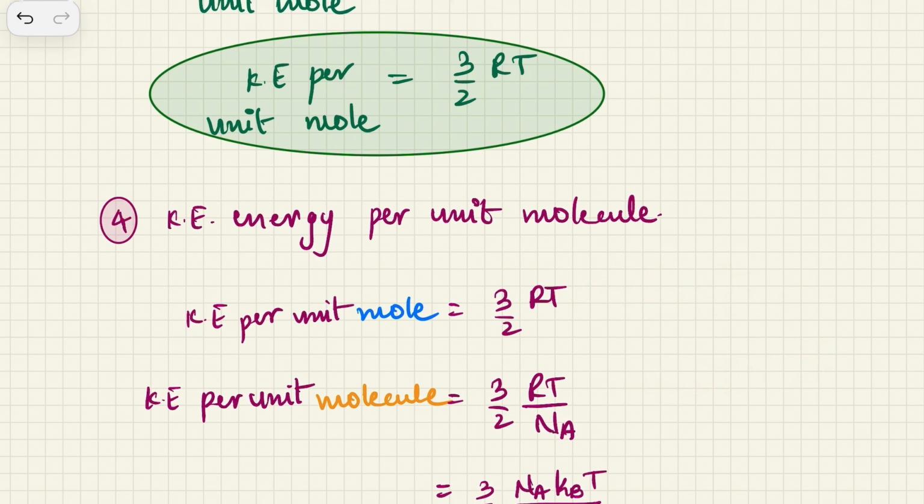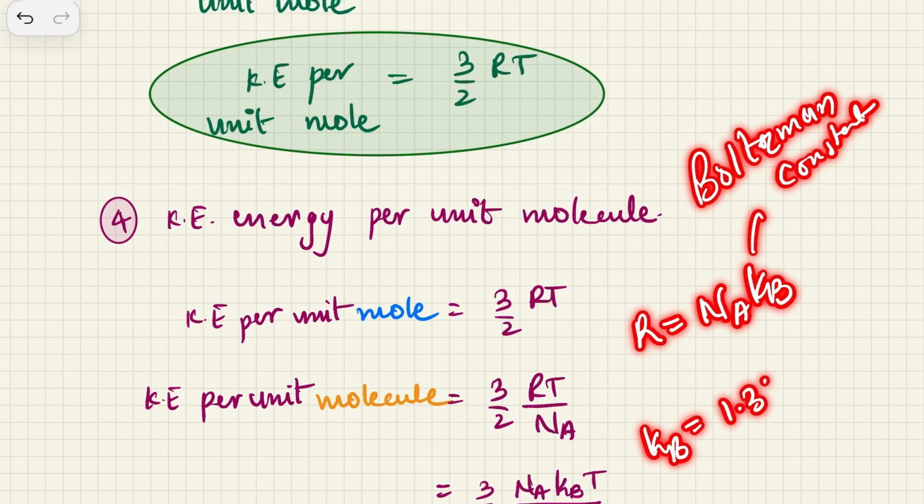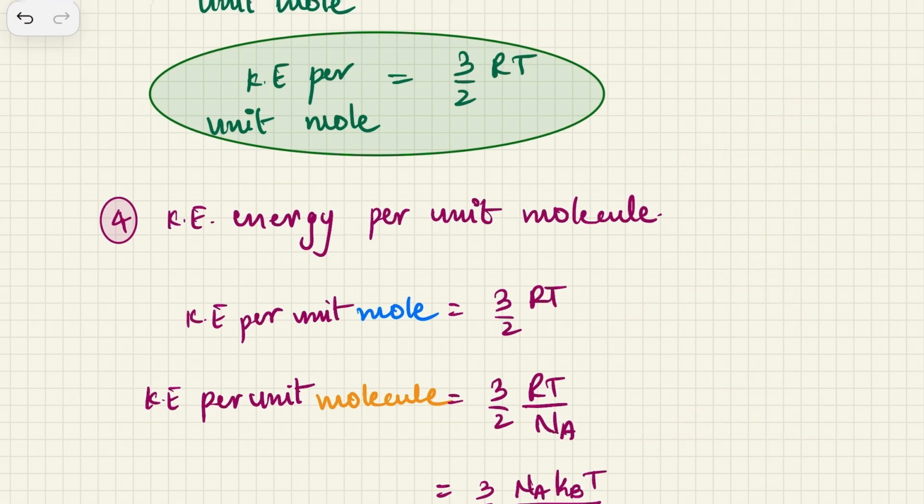Now, in my previous videos I have shown you that R is equal to Na into Kb, where Kb is called the Boltzmann constant. The Boltzmann constant's value is 1.38 into 10 raised to minus 23 joule per Kelvin. So that is the Boltzmann constant. Na is Avogadro's number, and R is the universal gas constant.